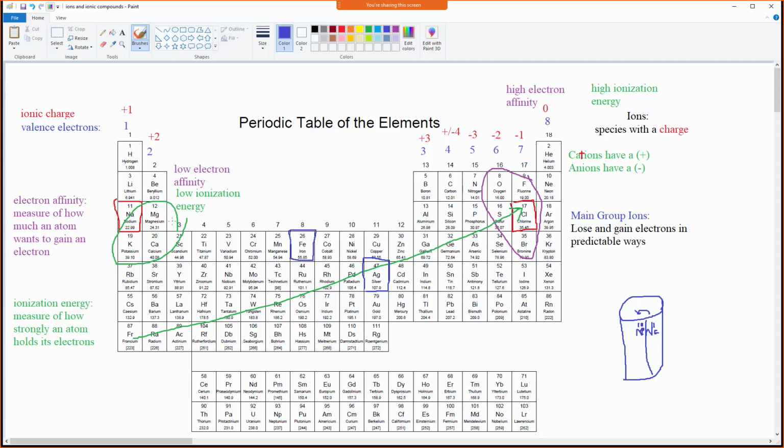The reason that I didn't give you charges for these is that most of those atoms have multiple oxidation states available to them, which is a fancy way of saying they can choose to have different charges depending on what they're bound with and the circumstances of their ion formation. Sometimes in nature, iron will be a +3 ion, and sometimes iron will be a +2 ion.